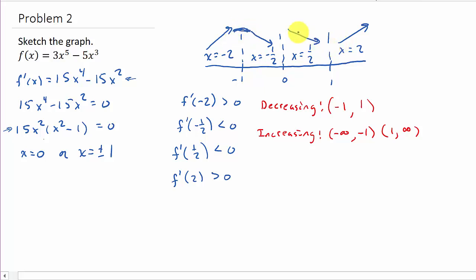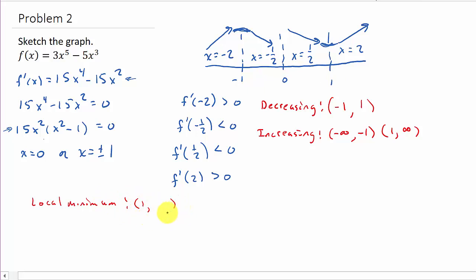And then here it's decreasing, and then here it's increasing. Well, that tells us at 1, we have a local minimum. But here, it's not changing. It's just decreasing the whole time, so there's no local max or min there. All right, so we have a local minimum at 1.